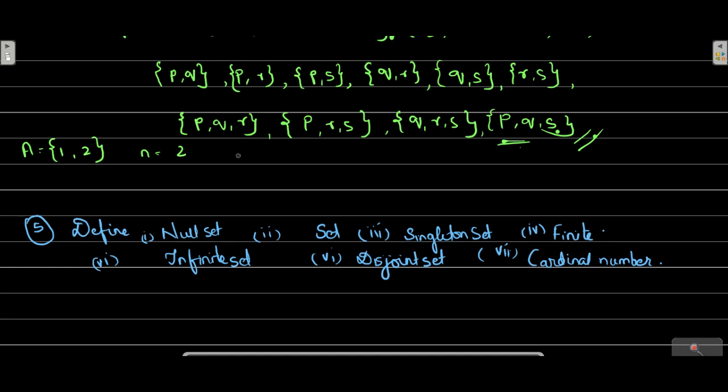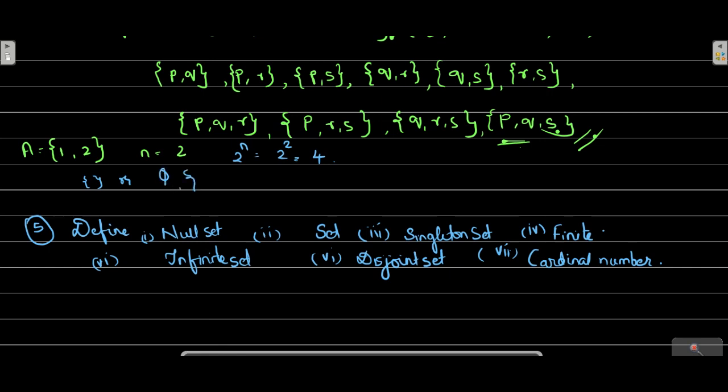So the number of subsets will be 2 to the power of n, that is 2 to the power of 2, which is 4. 2 into 2 is 4. So let us list out the subsets. We know that the null set is a subset. The null set can be represented by empty braces or the letter phi.